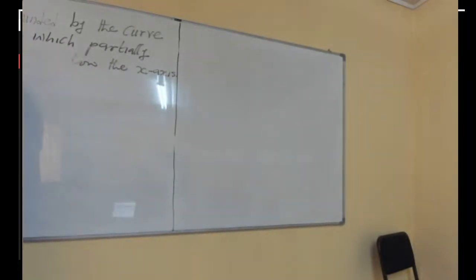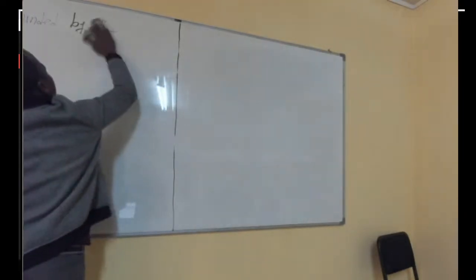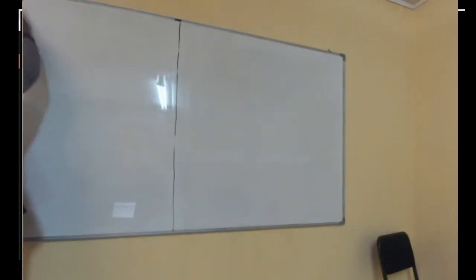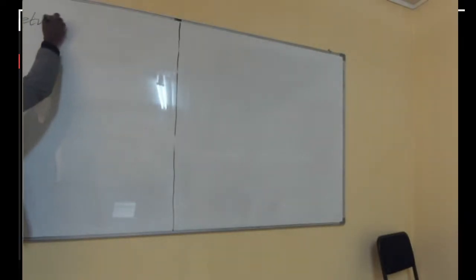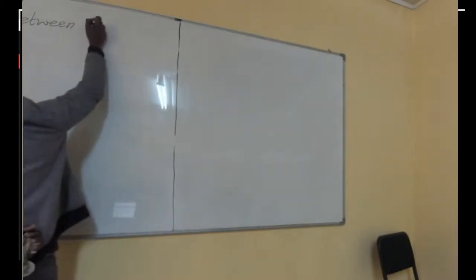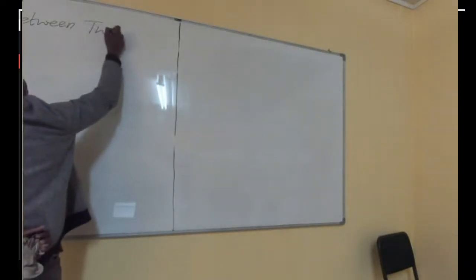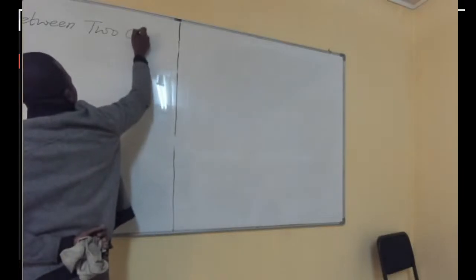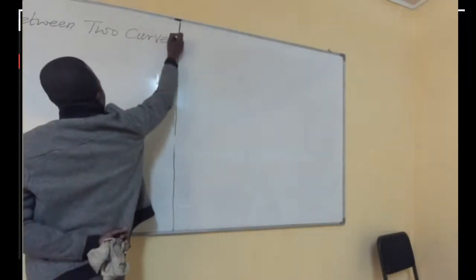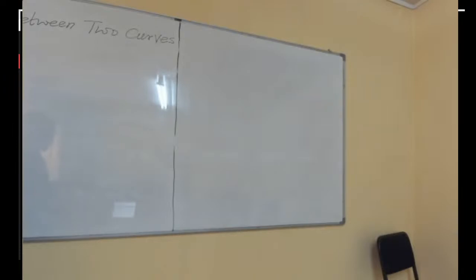We are now going to look at section 1.3, area between two curves, which is definition number 8 from your notes.